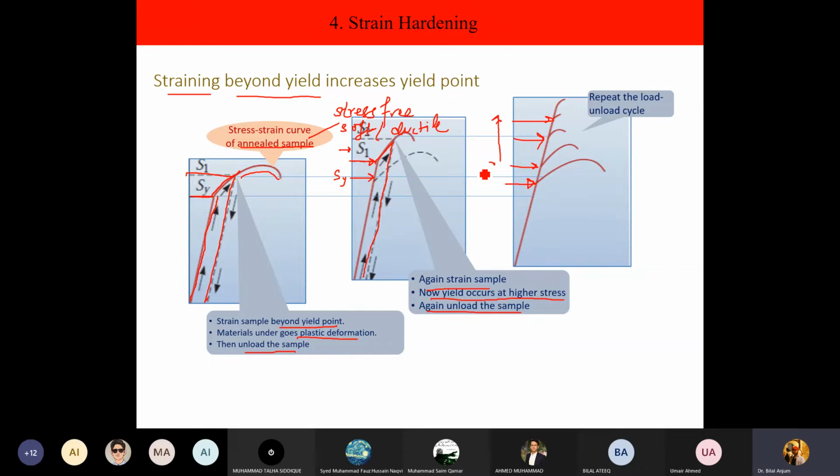So your yield stress is increasing. That means after each successive plastic deformation, the yield stress increases and the material strengthens. All right.